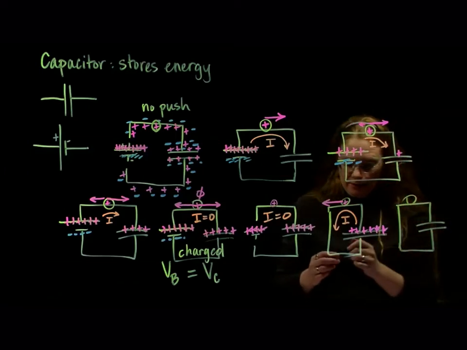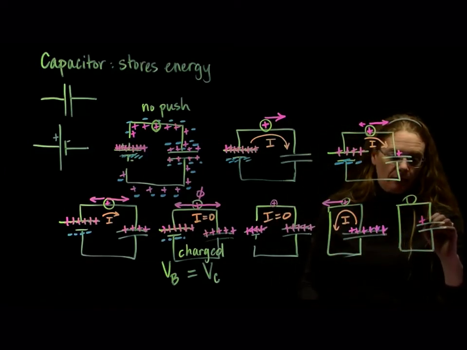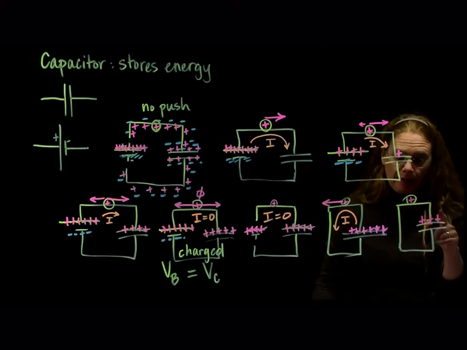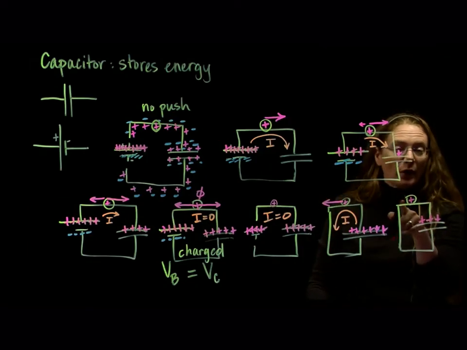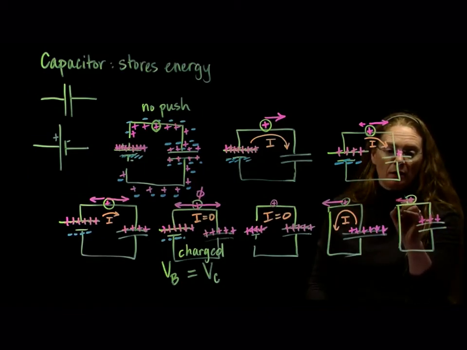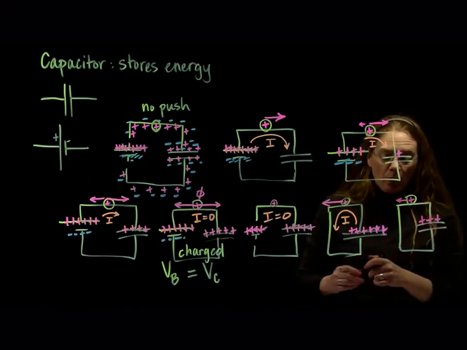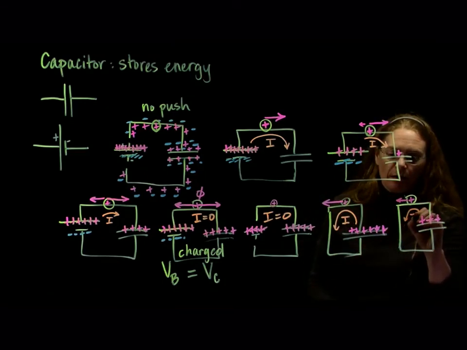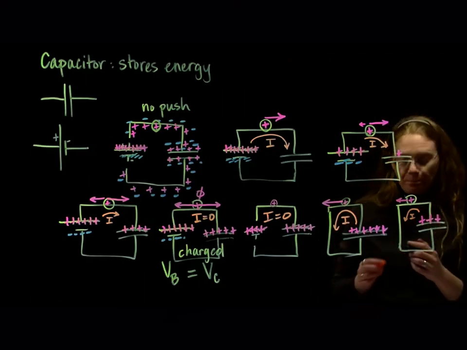If we've got now fewer positives left on this positive plate, then the force that is pushing on this positive is smaller. So if we have a smaller force pushing this thing, there's going to be a smaller amount of flow, and so we have less current flow.